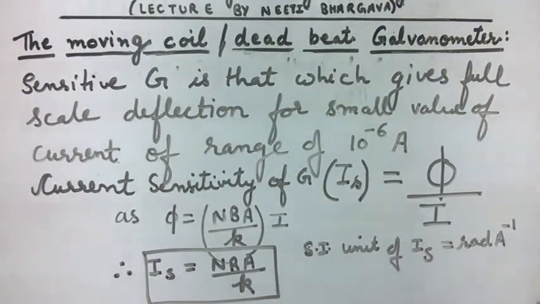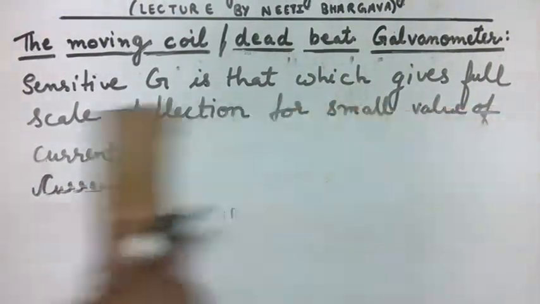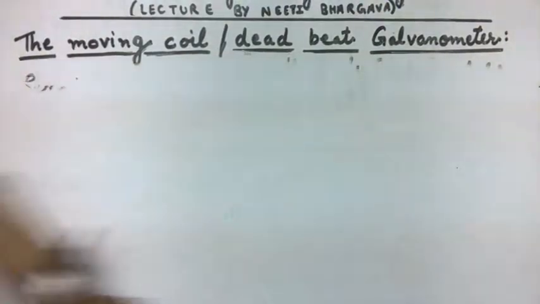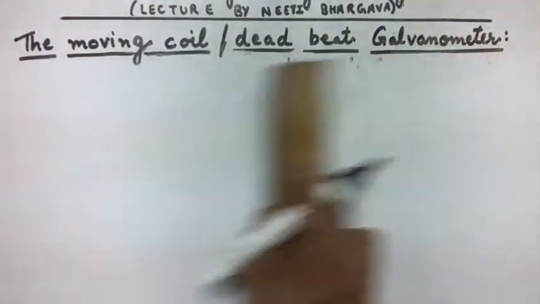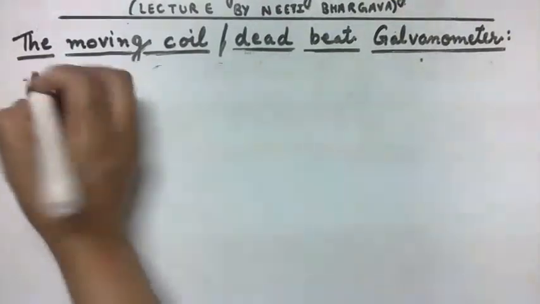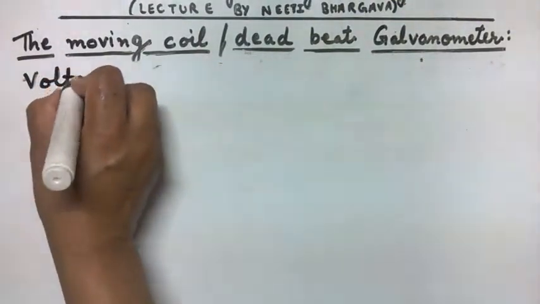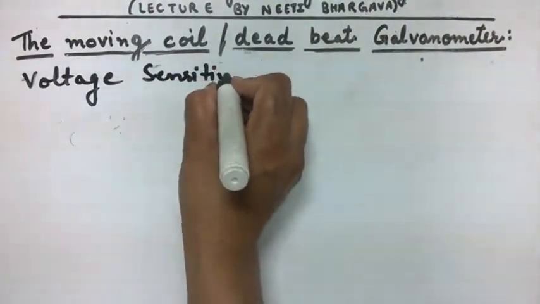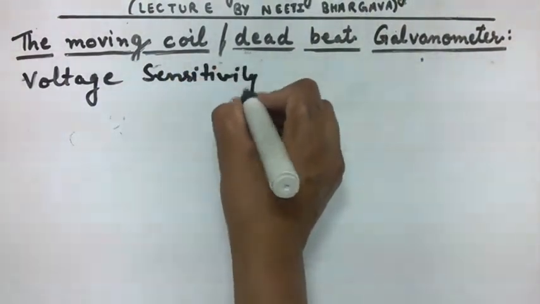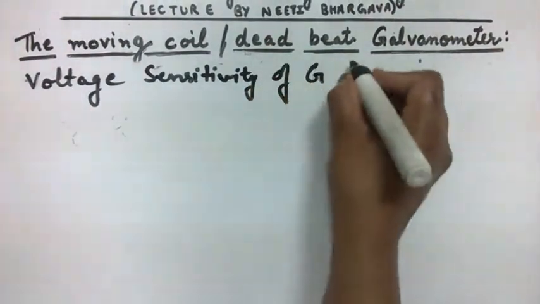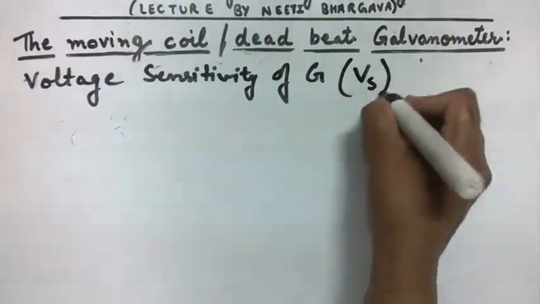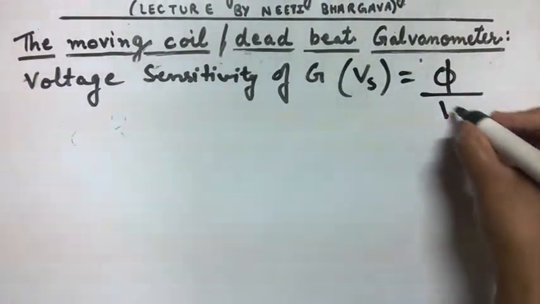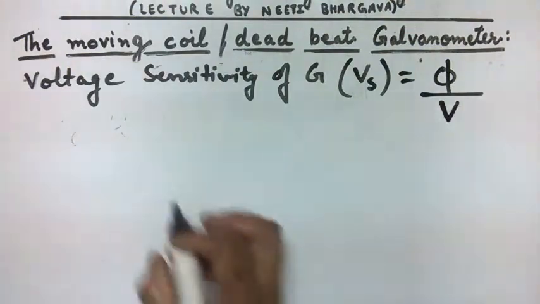What is the voltage sensitivity of a galvanometer? Voltage sensitivity of a galvanometer, denoted by Vs, is defined as deflection per unit voltage across the galvanometer.